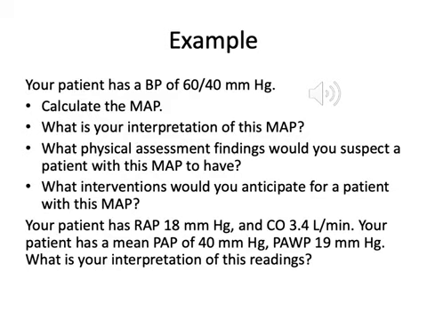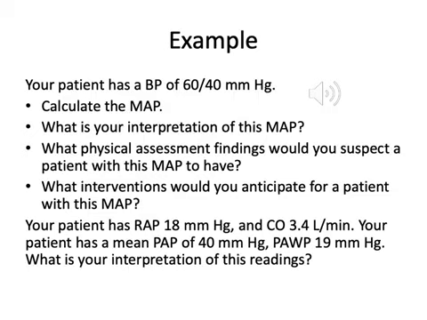This example is more of homework for you guys. If we have a patient with a blood pressure of 60/40, you need to calculate the MAP. You need to present your interpretation of this reading. Based on this reading, what physical assessment would you suspect a patient with this MAP to have?